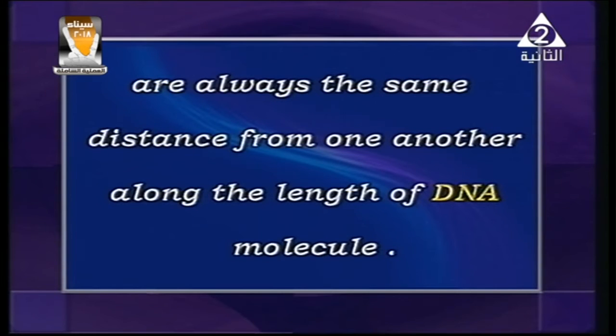We can also deduce that we have a kind of stability in the structure of the DNA according to the width and the length. The width between the two strands is the same, and the length of the two strands is absolutely the same. They are equal to each other. They are complementary to each other. Each one completes the other side.